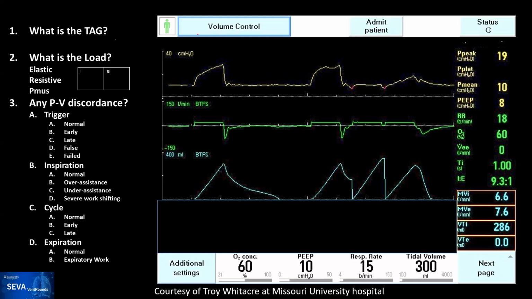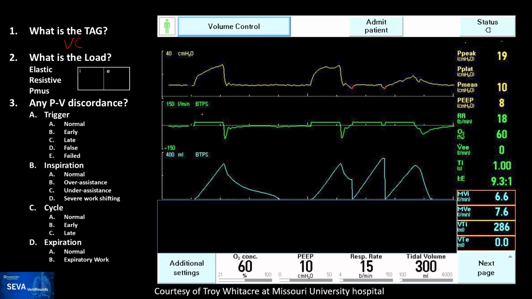So the tag for this mode, at least as we are seeing it in this present slide, and there's more nuances to this ventilator in particular, but based on the waveforms, the four breaths that we have on the screen, these would be volume control.